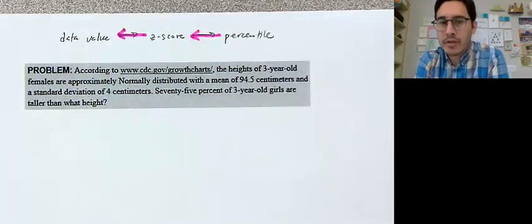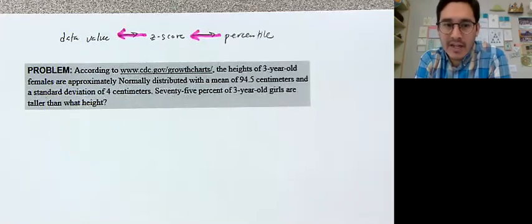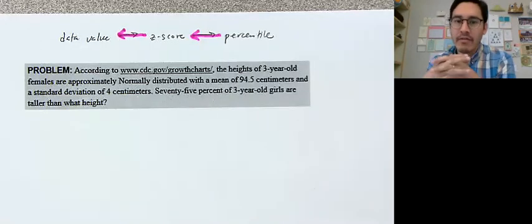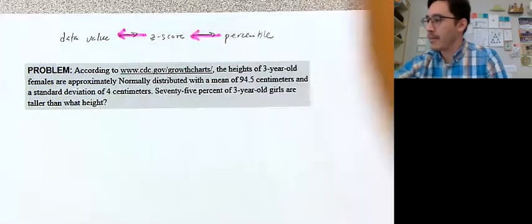All right. So according to the CDC, the heights of 3-year-old females are approximately normally distributed with a mean of 94.5 centimeters and a standard deviation of 4 centimeters. 75% of 3-year-old girls are taller than what height?